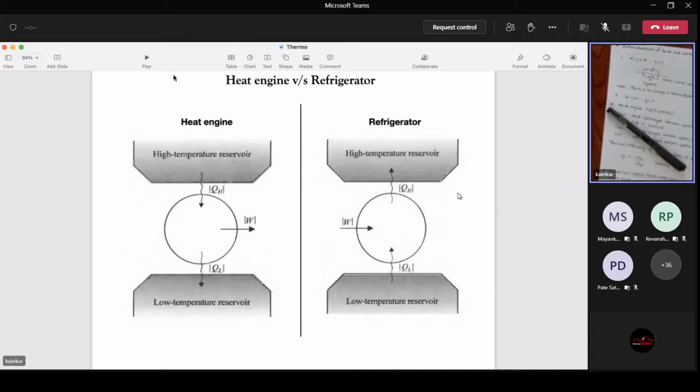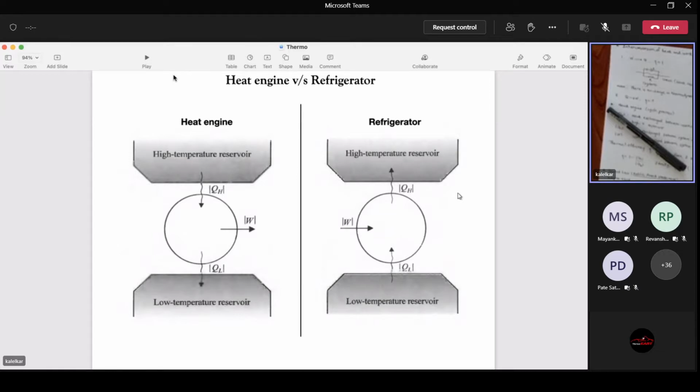There is a high temperature reservoir and a low temperature reservoir. The high temperature reservoir could be your boiler with the steam in it, basically at high temperature, and the low temperature reservoir is what?